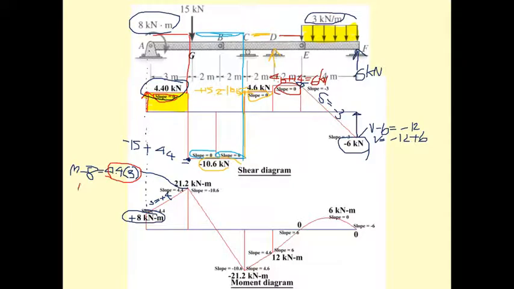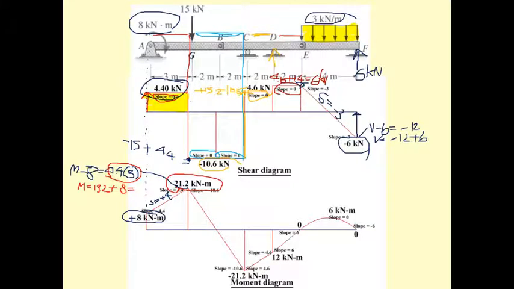So our M is going to be equal to 13.2 and then plus 8, so you will get 21.2.